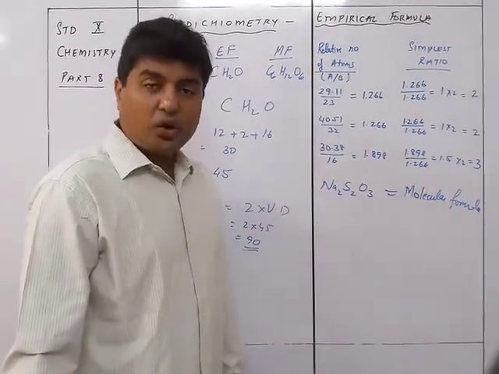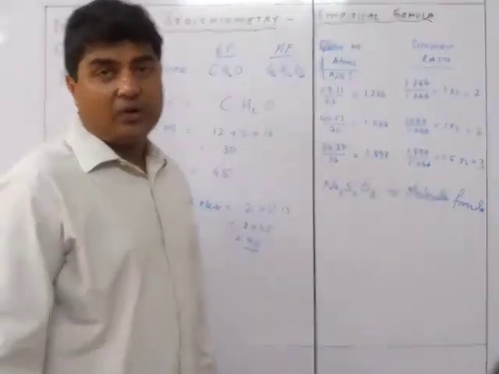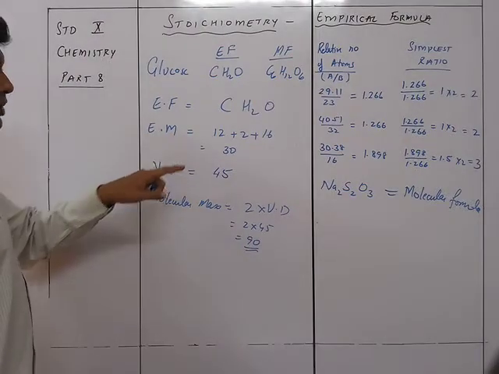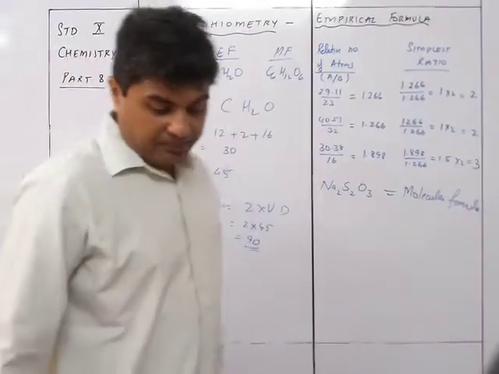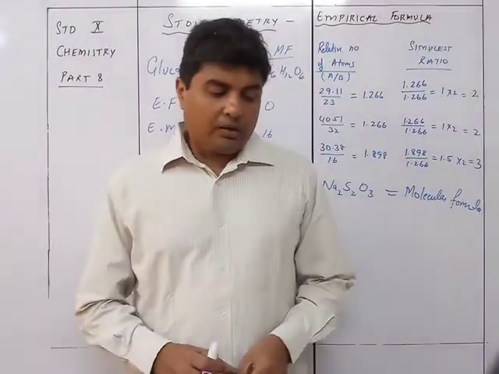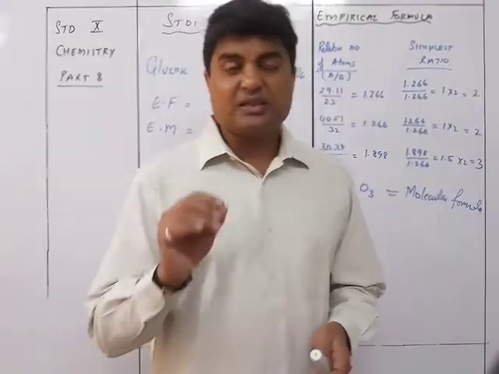Now, because we know that this is 90, right? We know that the empirical mass is 30 and the molecular mass is 90. So in this particular case, we will determine a value of n, which is just a simple value.